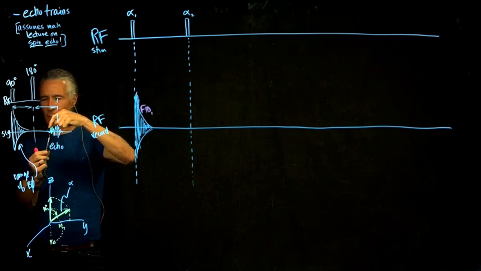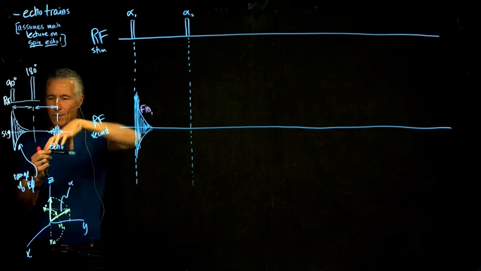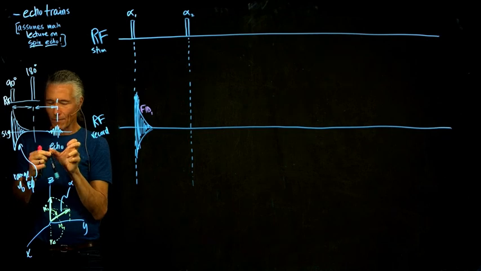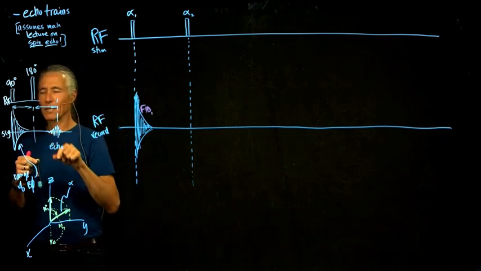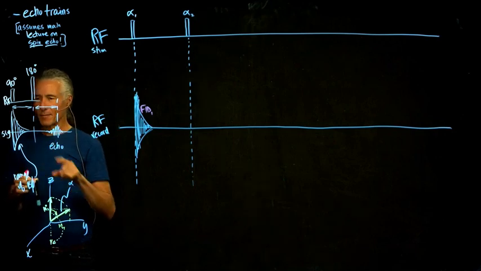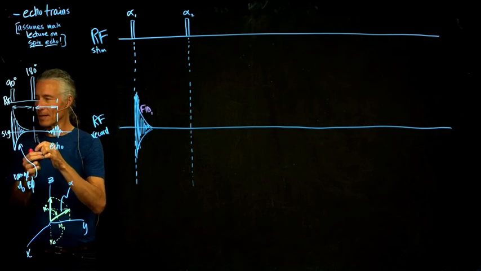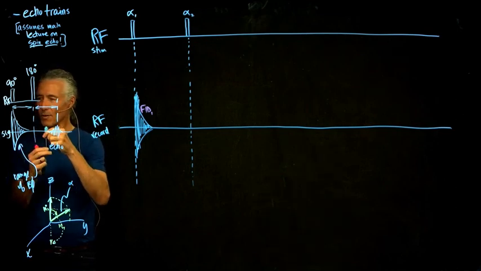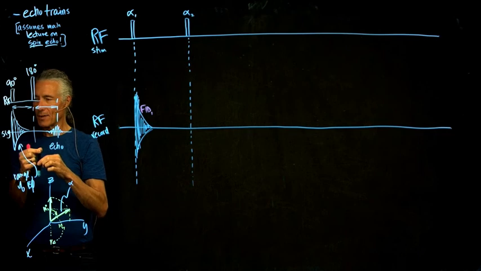If you do a little flip, you get a small amount of transverse. If you do a 90, you get a large amount of transverse. If you do past 90, you get less transverse. If you do 180, you get 0 again. So it's pretty much like a cosine curve. Oh, sorry, it's a sine curve. It starts off at 0, then you get the biggest at 90, and then you get 0 again when you get to 180.